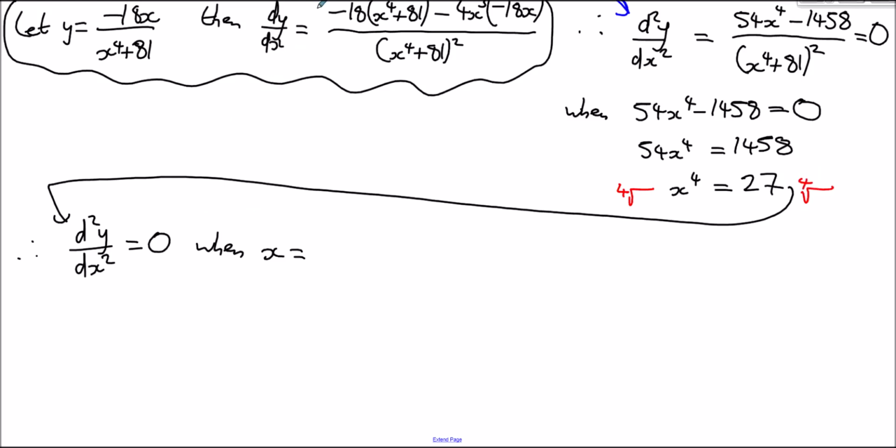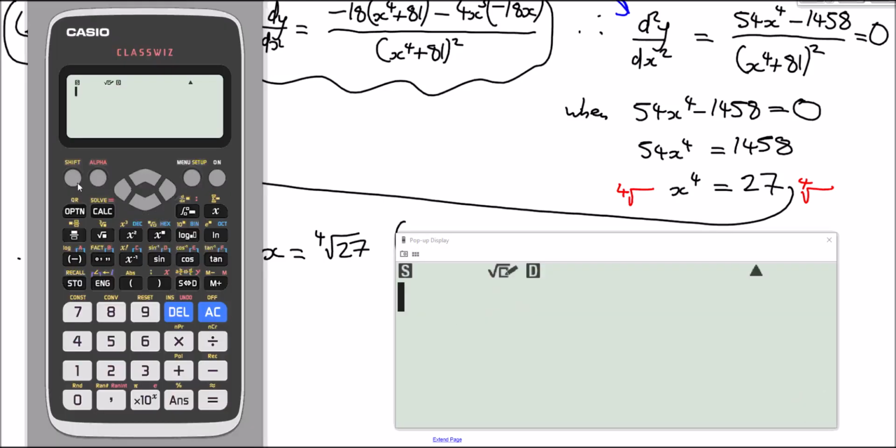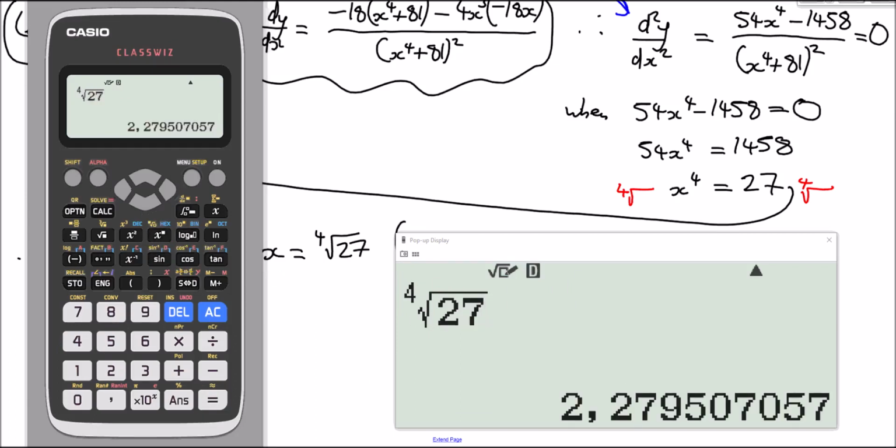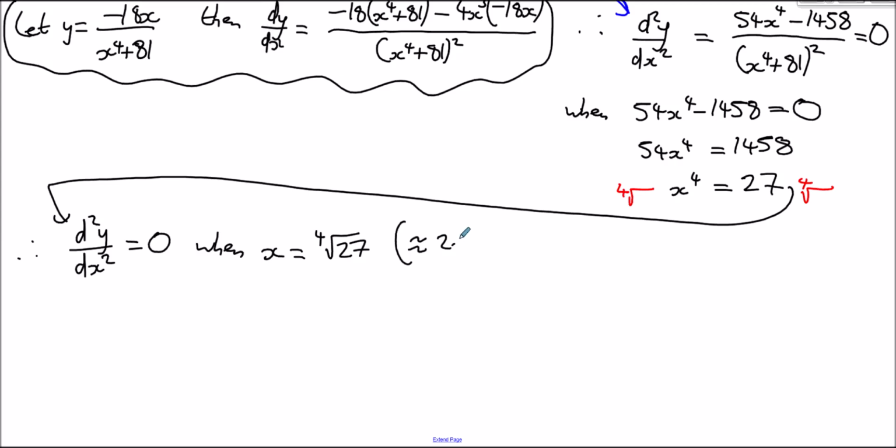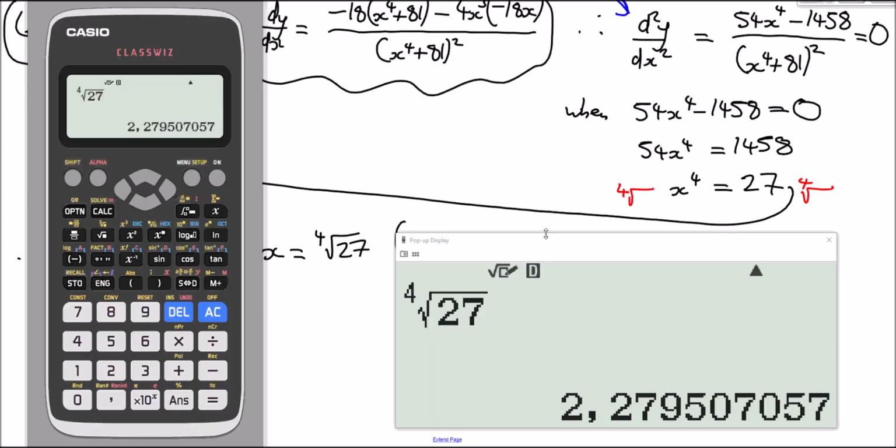So the second derivative is equal to 0 when x is the fourth root of 27. Now the fourth root of 27, we need to work out as a decimal. That's going to be approximately equal to 2.279, and so on and so on.